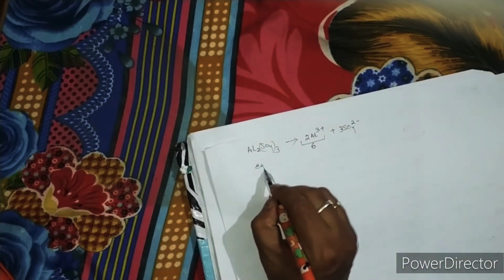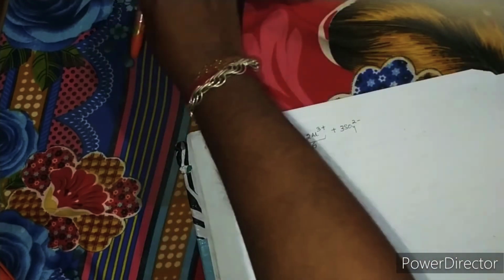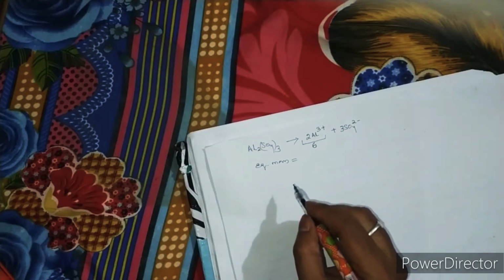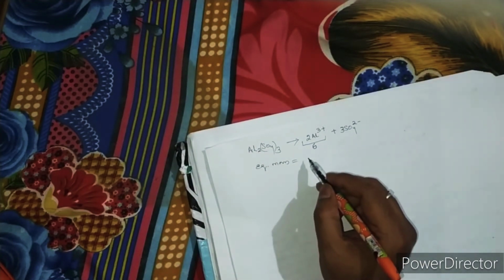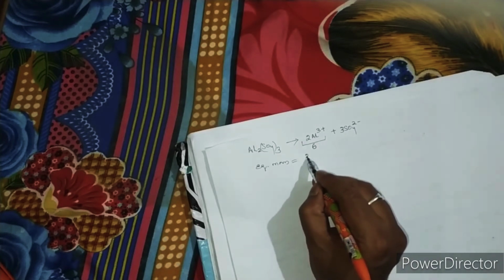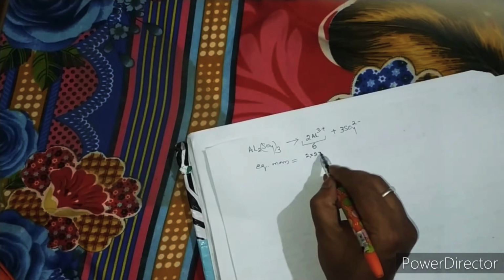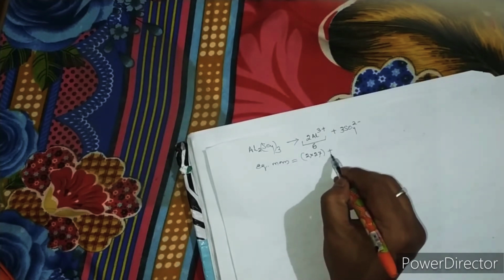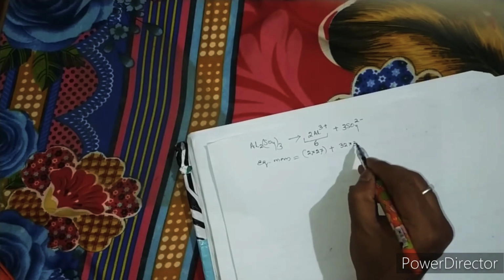Then we can calculate the equivalent mass. So we know that the atomic mass of aluminium is 27. How many aluminium are there? 2. So 2 into 27 plus S 32, how many? 3.